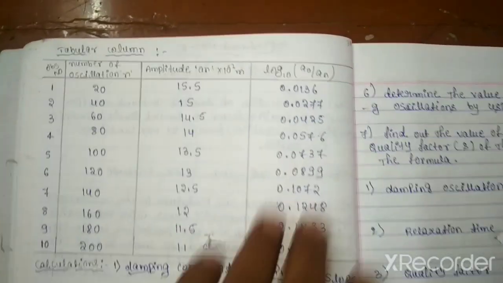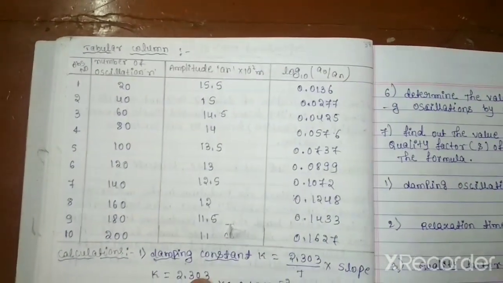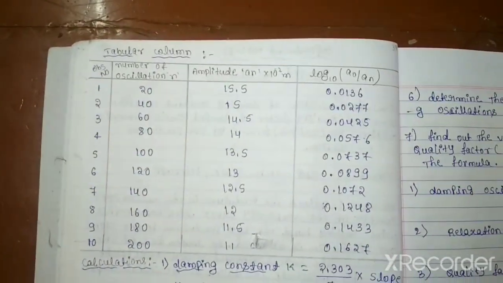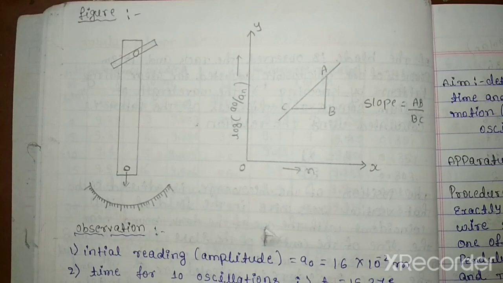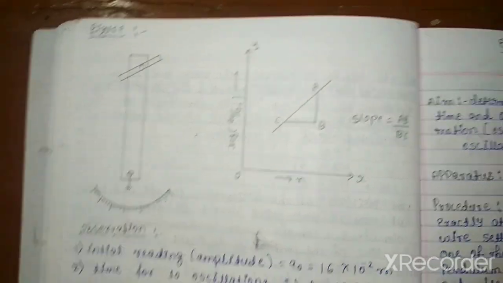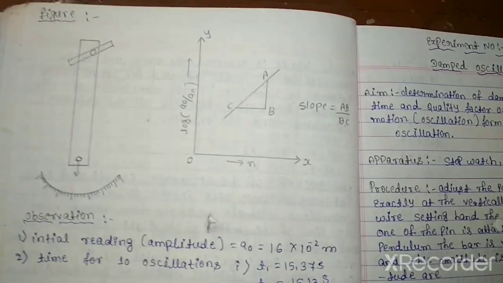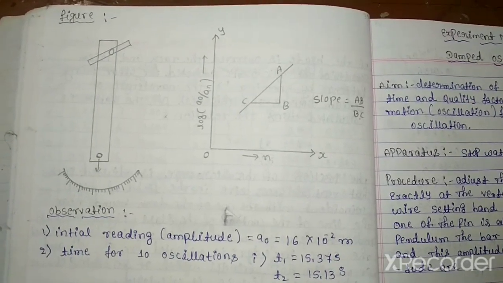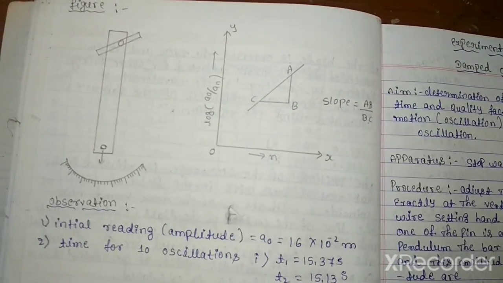Next, calculate log to the base 10 of A0 divided by AN, where A0 is the initial amplitude and AN is the amplitude of the corresponding oscillation. Then plot a graph of n, the number of oscillations 20, 40, 60, versus log of A0 by AN. You get the slope AB by BC.